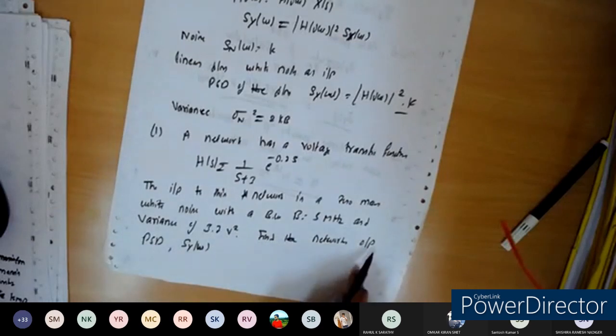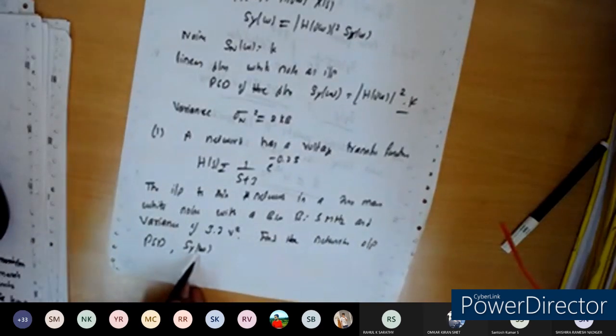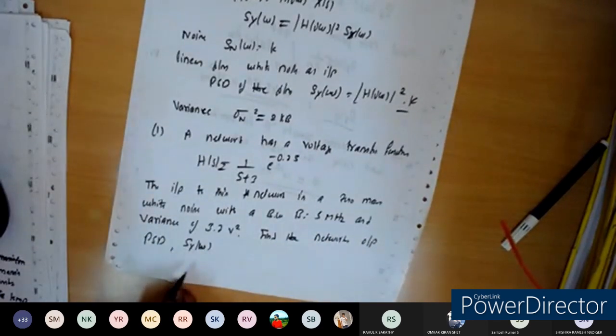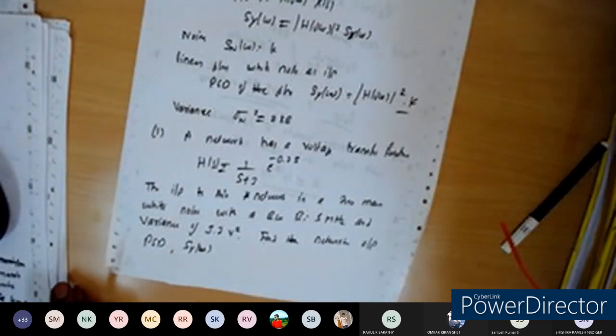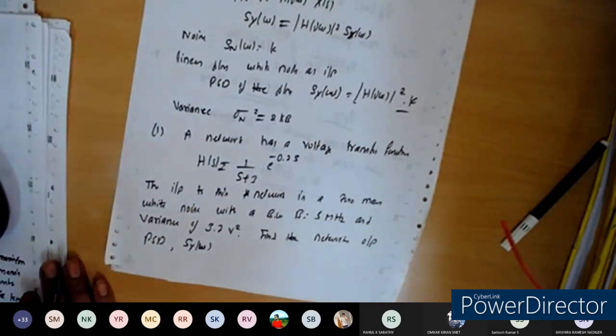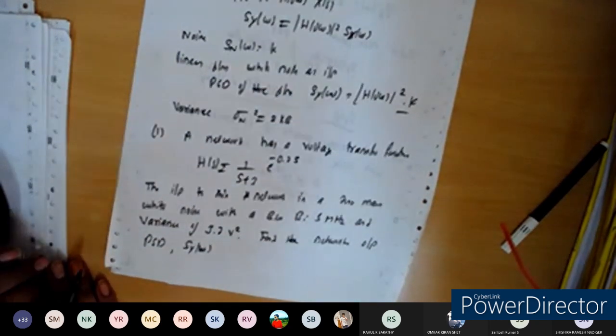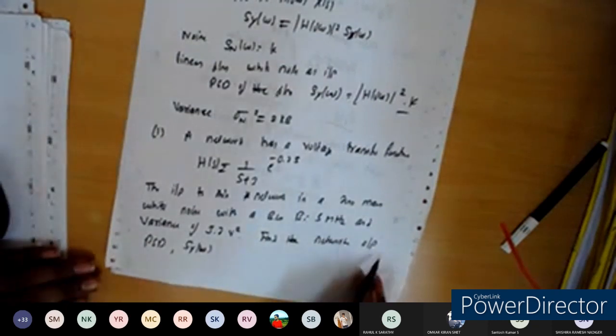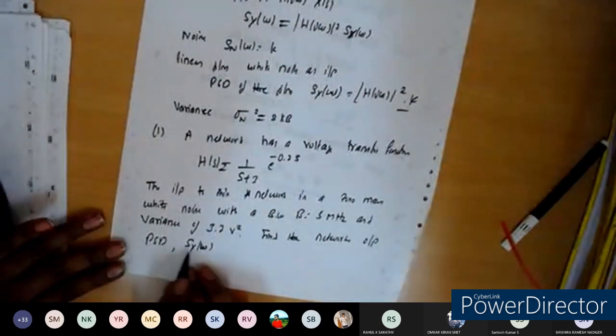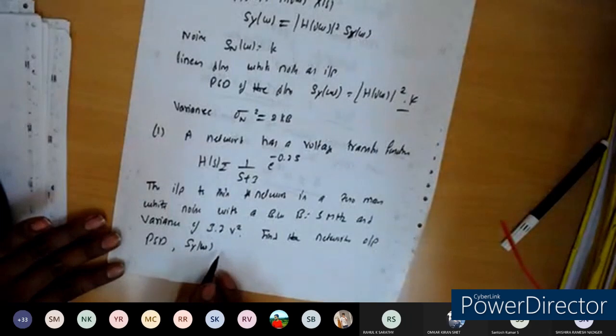We need to find the power spectral density of the output signal of the network.